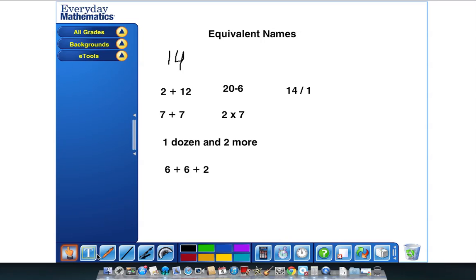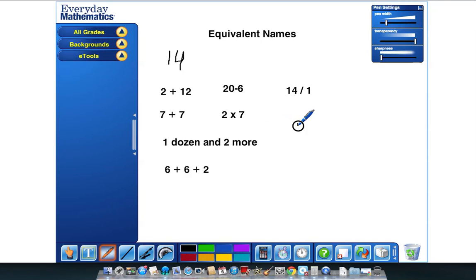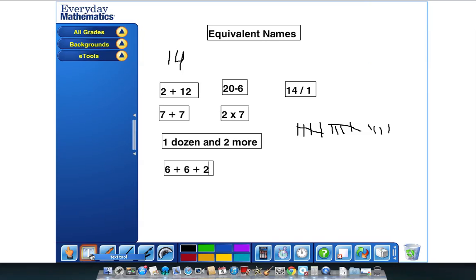I could also do tally marks if I wanted to. 1, 2, 3, 4, 5, 6, 7, 8, 9, 10, 11, 12, 13, sorry for my messy writing, 14. Okay. If you know other languages that would be equivalent to the number 14, you could use that as well.